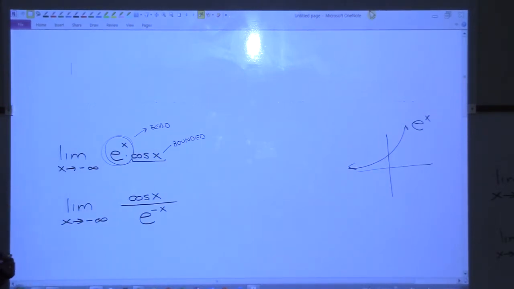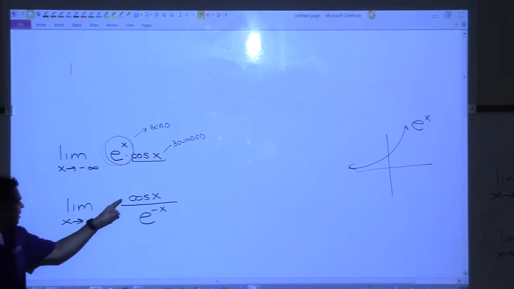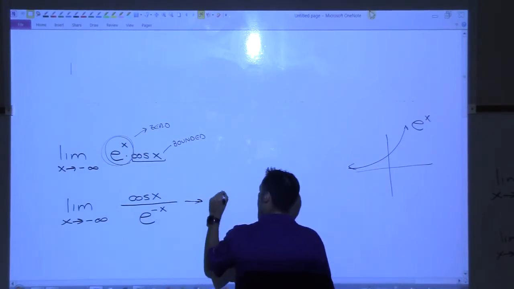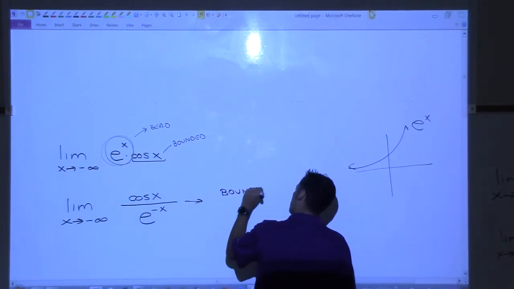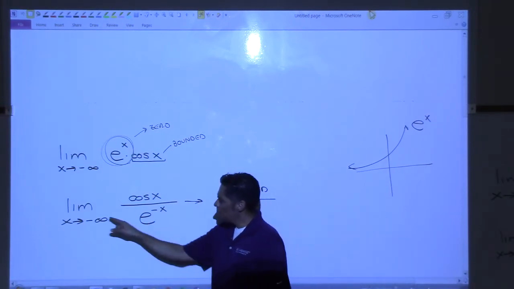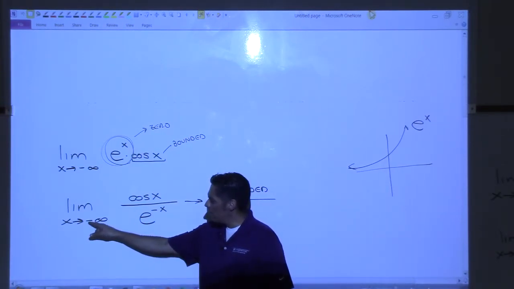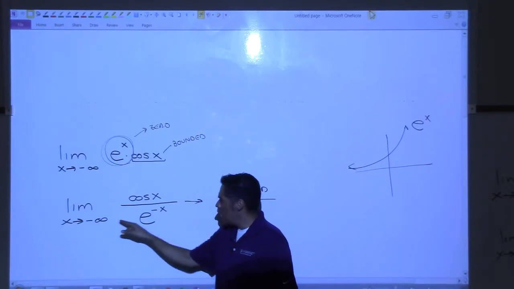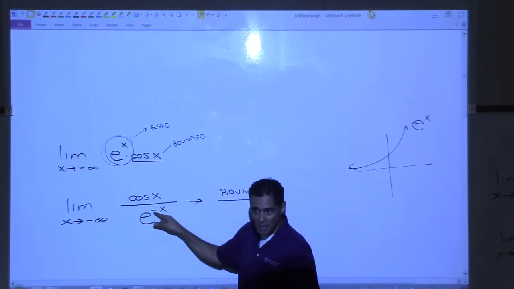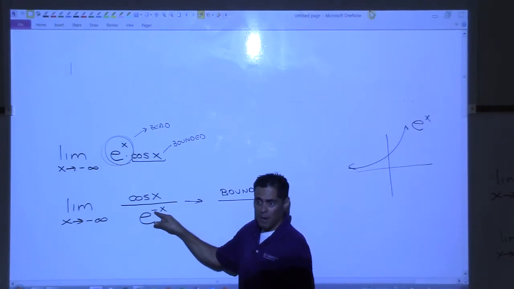Now let's run through it again. Right, David? X goes to negative infinity. We know that that's bounded, right? So that on top is bounded. Now on the bottom, David, if I take x, let it become really big and negative, and I plug it in right here, then I'm going to have a big negative number times a negative number, which would become positive, right?